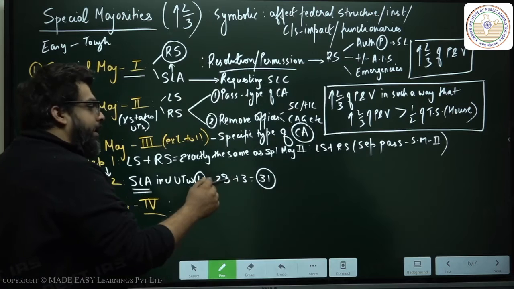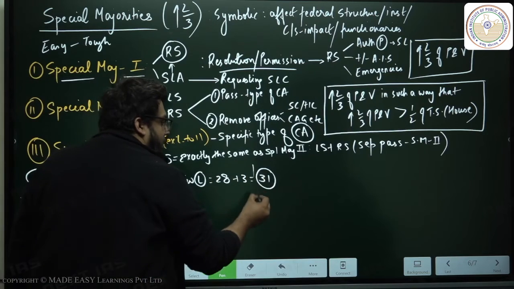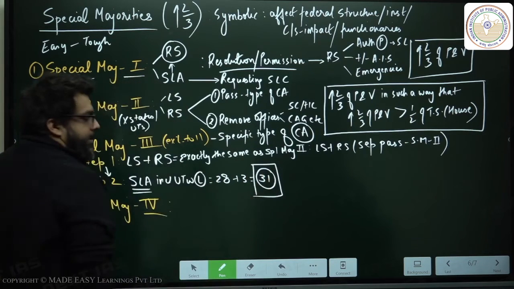The same bill will be sent to all 31 legislatures.